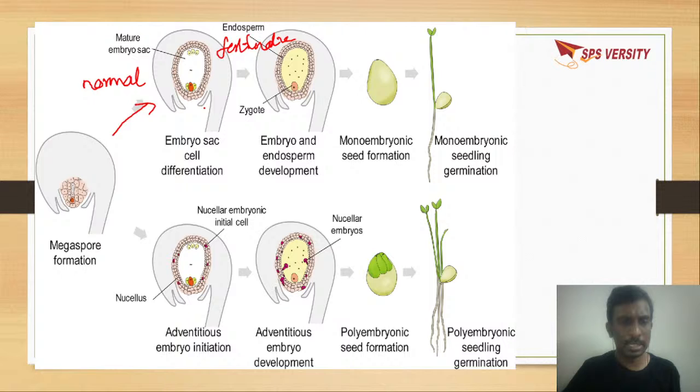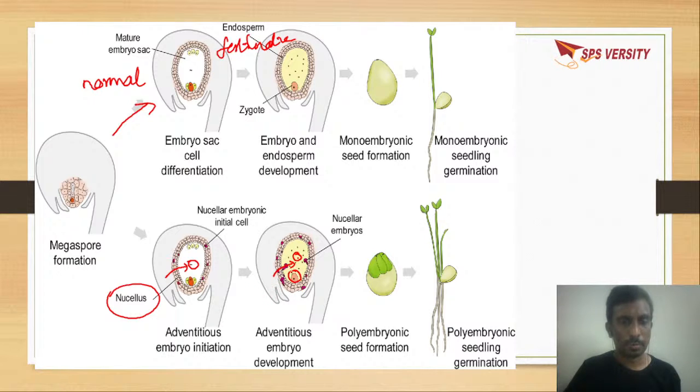But in a few plants, some cells of the nucellus will enter into the embryo sac, which will act like embryos. That means already one embryo is formed by double fertilization, that is syngamy, and the cells from the nucellus which enter the embryo sac act like embryos. So how many are there?